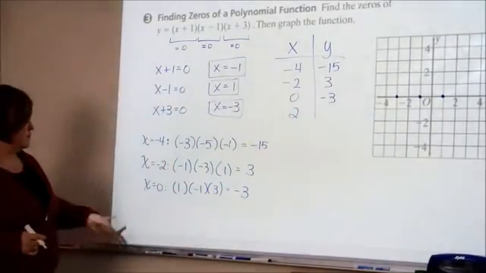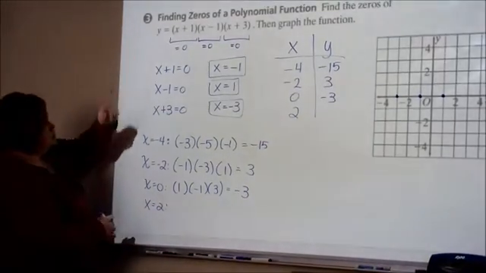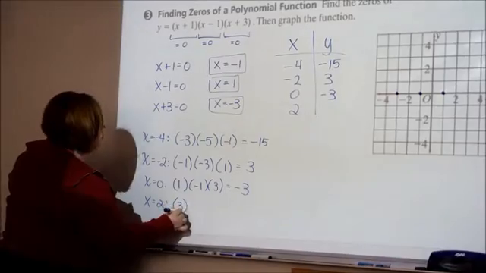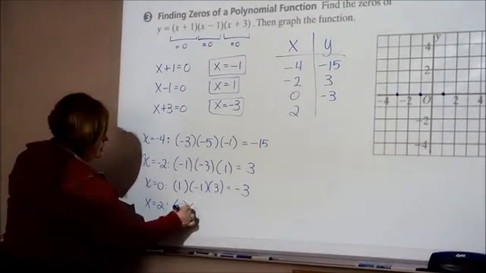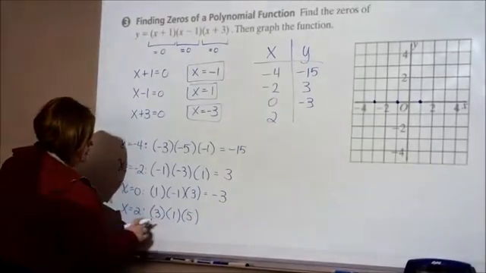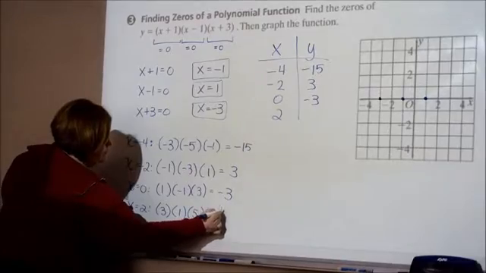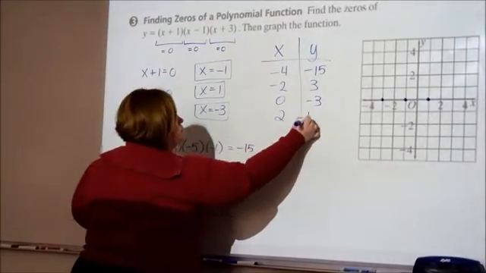Do the last thing for 2. When x is 2, 2 plus 1 is 3, 2 minus 1 is 1, and 2 plus 3 is 5. So 3 times 1 is 3, 3 times 5 is 15.